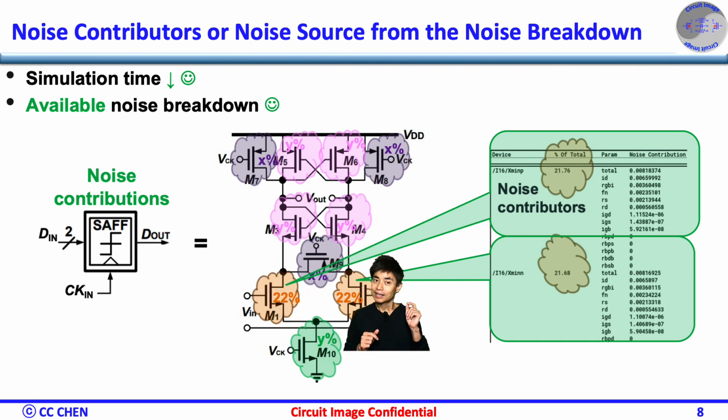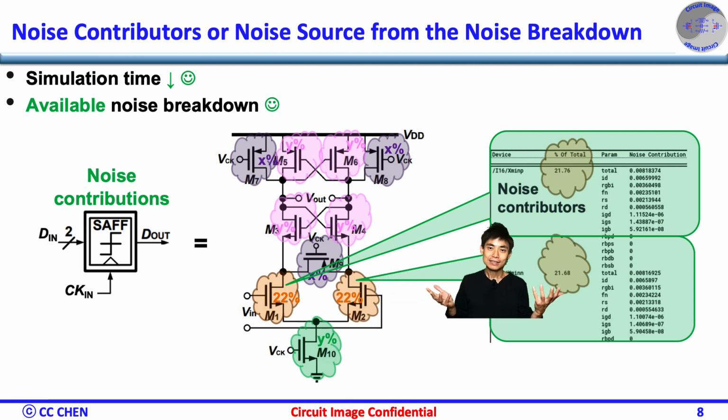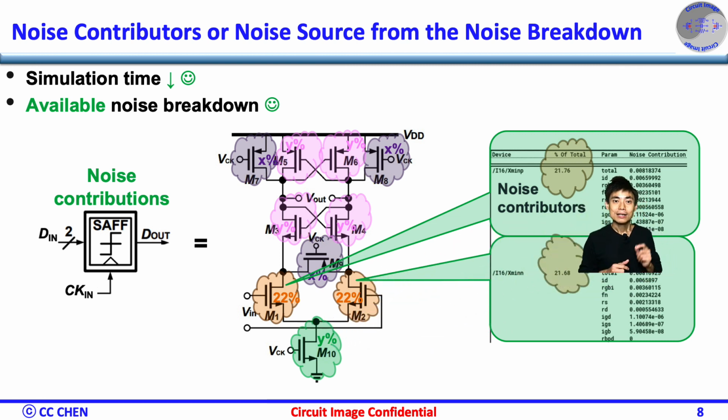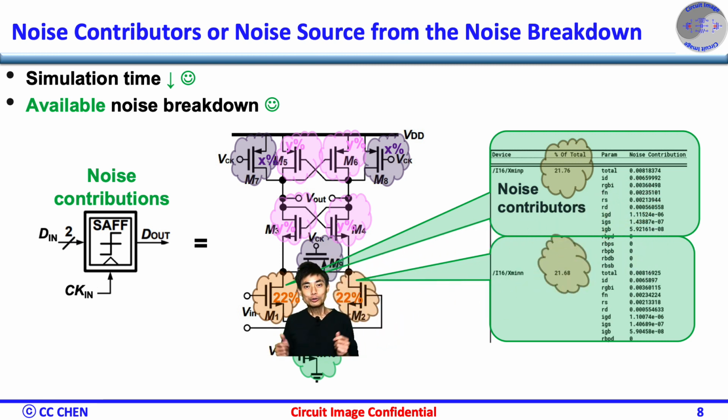Circuit designers can optimize their block easily to reduce the noise effectively without blind resizing. For the sampler's case study, you will notice the main noise contribution is from the sampler's input differential pair. Then, how should you make the design better to reduce the noise?